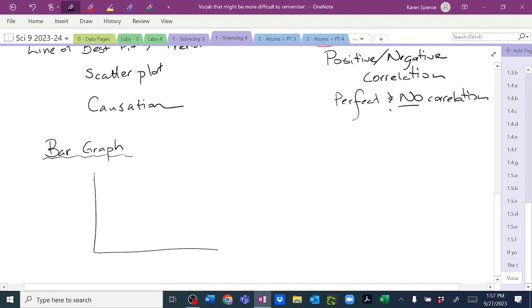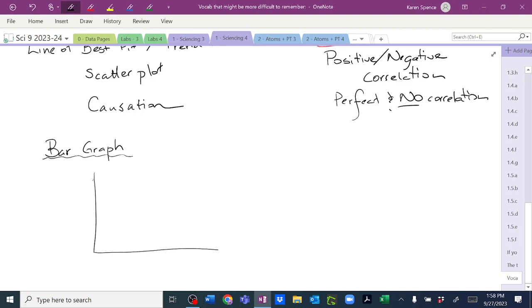If we draw our bar graph, what should it look like? Tell your partner, what should it look like? Okay, what should it look like?